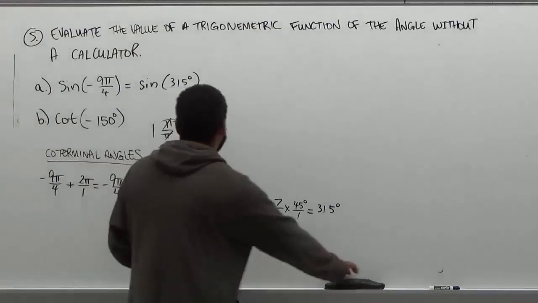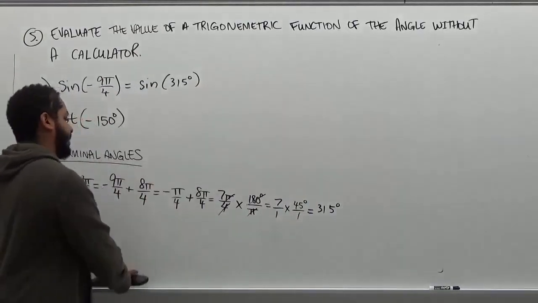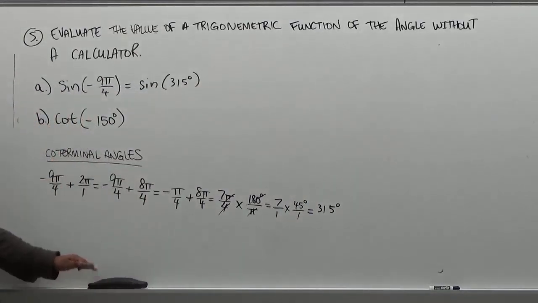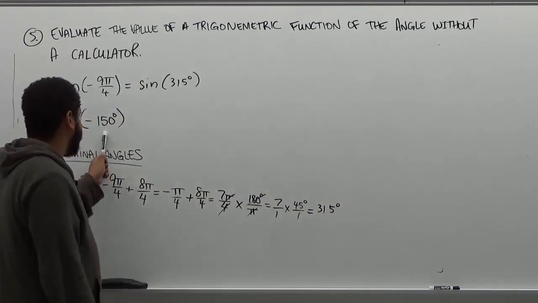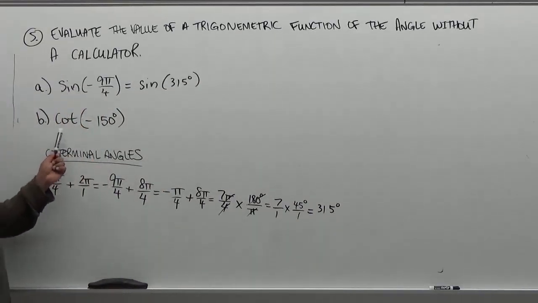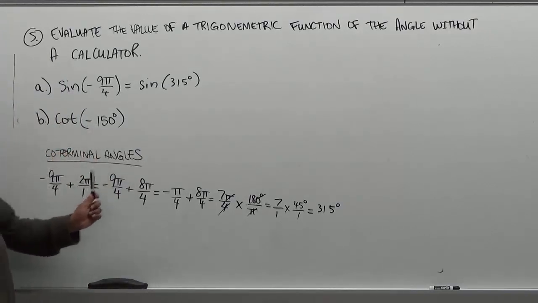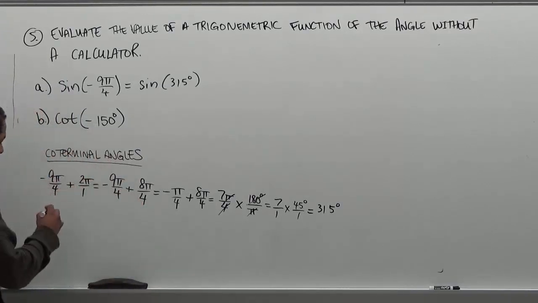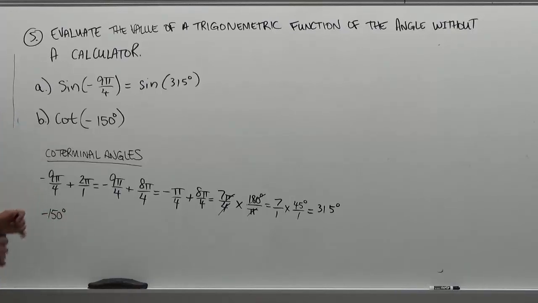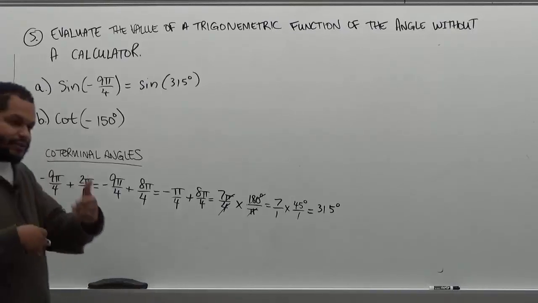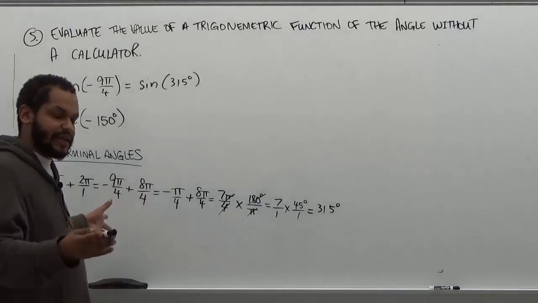What I still want to continue doing is find the coterminal angles of each angle. And since this is in degrees, finding the coterminal of this one is a little easier than the other one because you're using whole numbers. And our angle, again, is negative 150 degrees. To find the coterminal, we add 360 degrees in this case because it's negative.